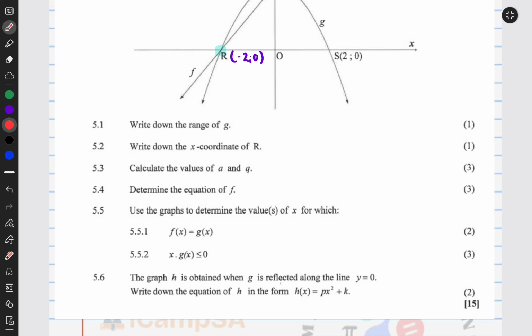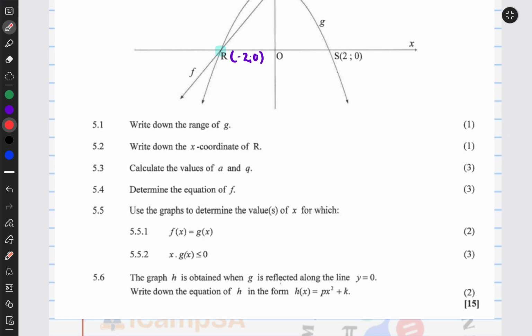Okay, so where the function of g at x is going to be negative, because where it is less than 0, the function is essentially negative.